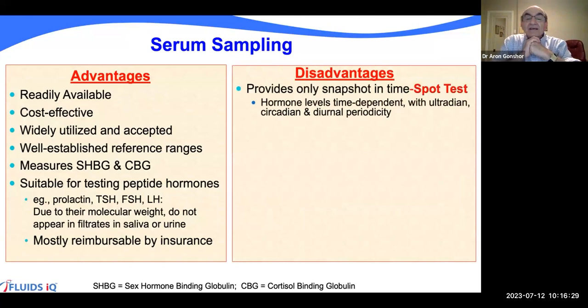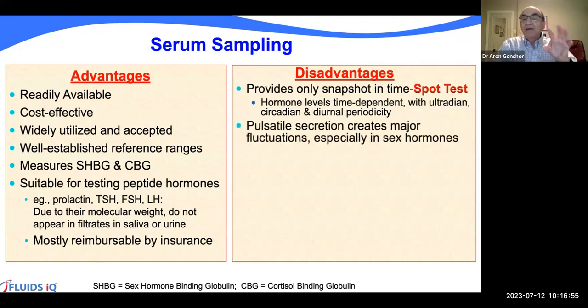Well, it provides a snapshot in time. It's a spot test. Hormone levels are time dependent. We know that. And it could have ultradian, that means many different cycles during the day, circadian, which is a 24-hour cycle, diurnal, which is a cycle starting from high to low during the day. So many different types of cycles that you're not picking up with a spot test because they are pulsatile.